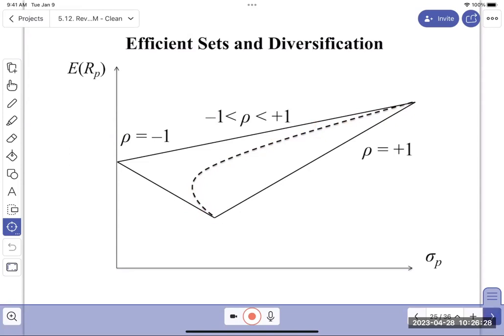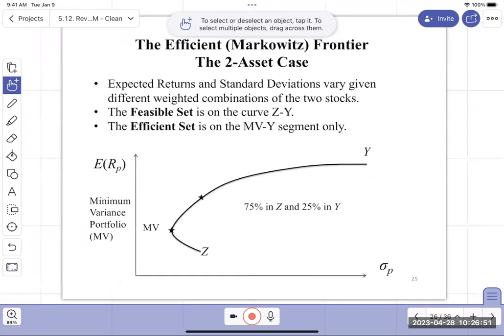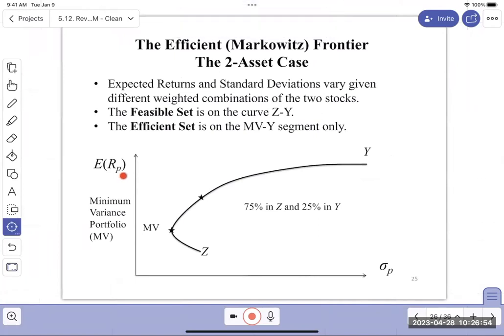Okay, so now we have to talk about, given that's the case for two assets, let's summarize where we're at. The expected returns are on this axis, the standard deviation of returns is on the horizontal axis. This is my shape in general that I'll see, because assets are not perfectly negatively or perfectly positively correlated. It's somewhere in between.